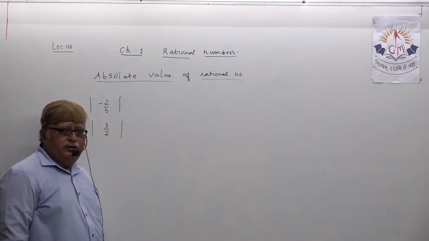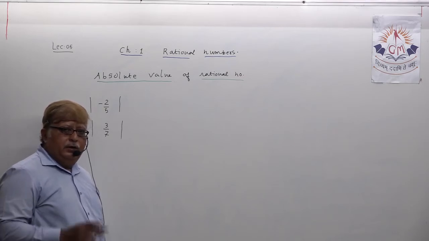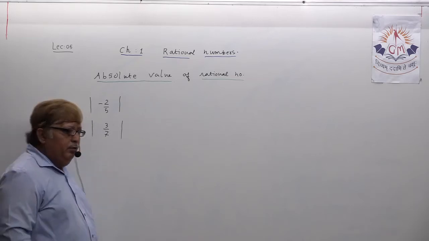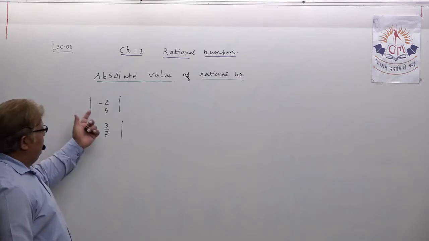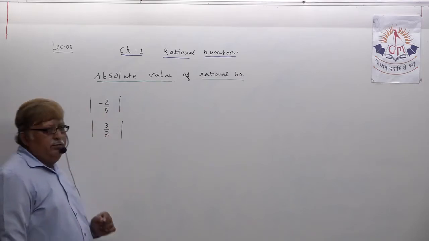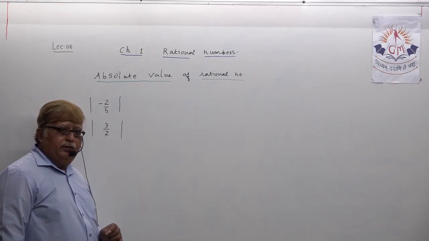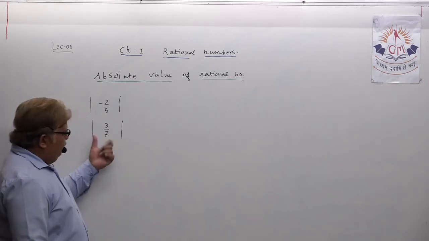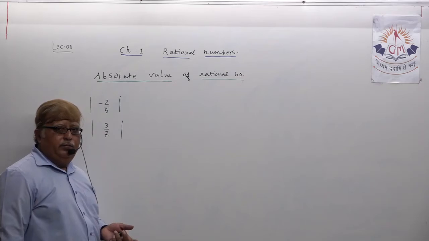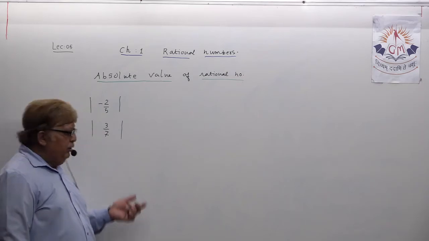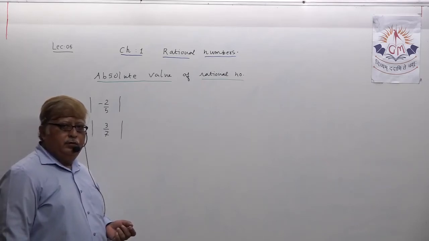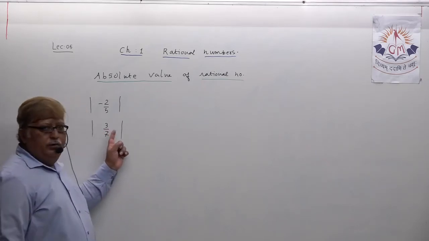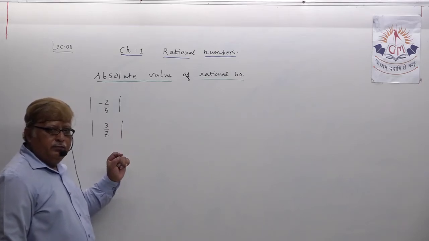Now, what does this sign suggest? This sign suggests that you have to take absolute value of both the rational numbers. You can speak like this: absolute value of minus 2 upon 5, absolute value of 3 upon 7, or you can speak modulus minus 2 upon 5 or modulus 3 upon 7.